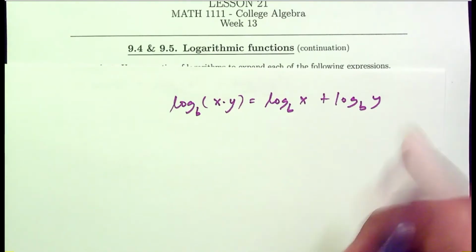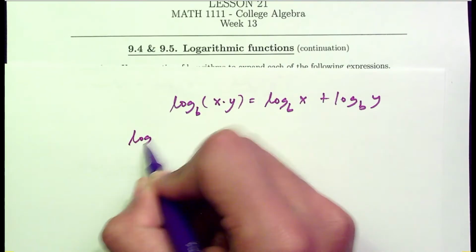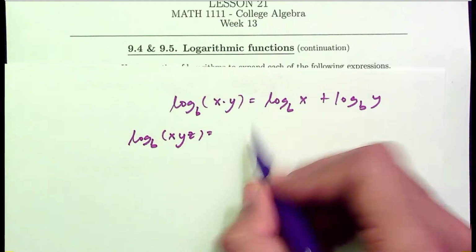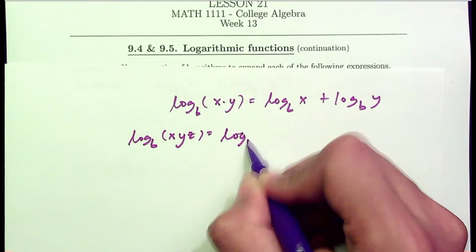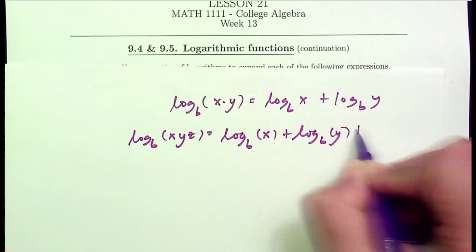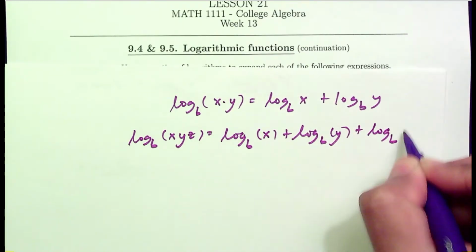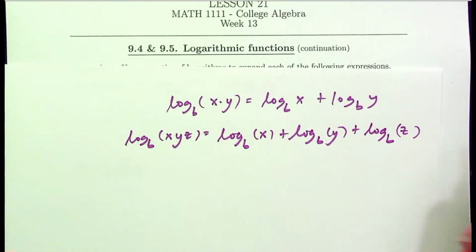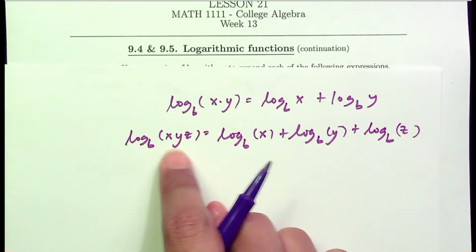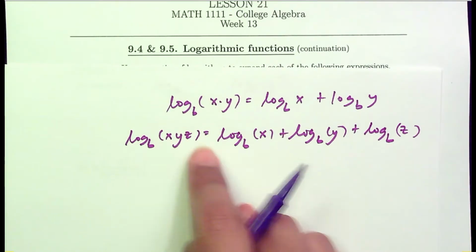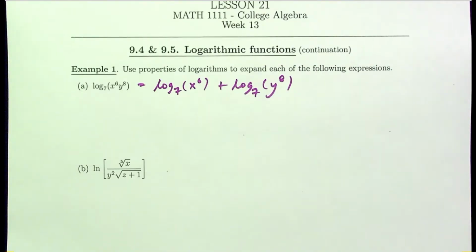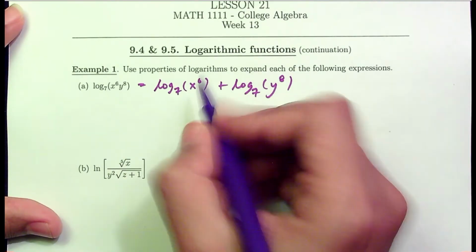If I had three things being multiplied, I can expand it into a sum of three things: log base b of x plus log base b of y plus log base b of z. If you had more factors in that product, you could keep expanding. So that's the first property.